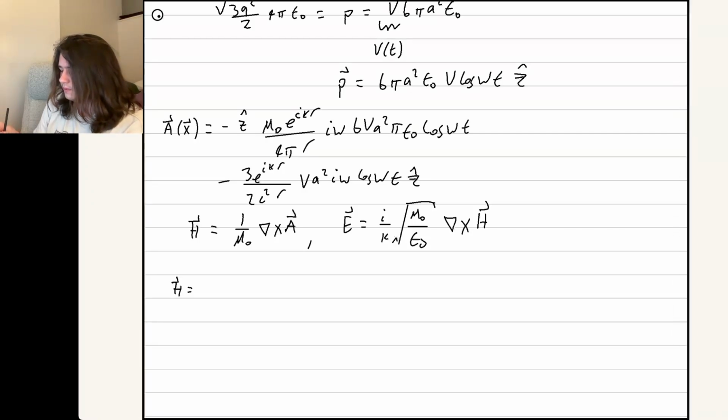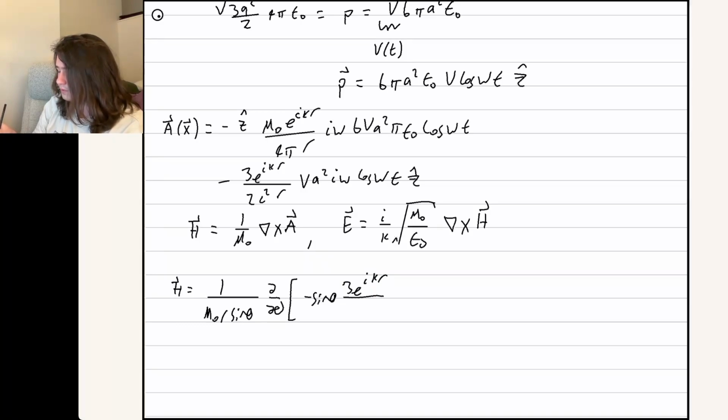The curl in spherical coordinates is 1 over r sine theta, and then all we have is a z component. So we're going to end up having something which points in the phi hat direction, and we're taking a derivative with respect to theta. So it's sine theta, 3e to the ikr over 2c squared r.